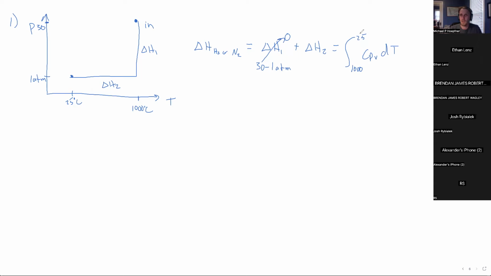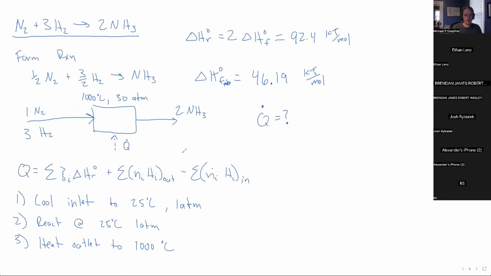When we do the reference state, we go from 25 to 1000. This one we're going from 1000 to 25. In the example I'm showing here, I'm walking us through the pathway, but it's all accounted for in this format where you have out minus in.